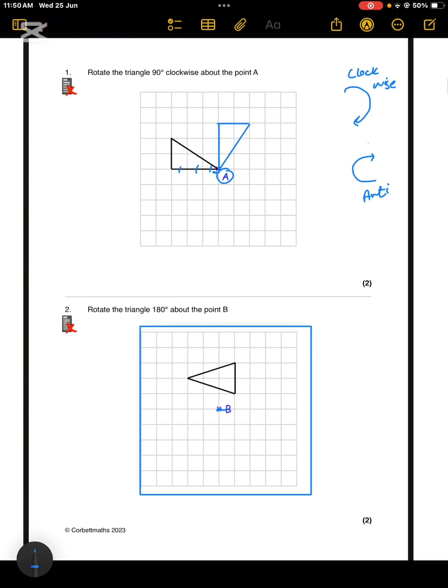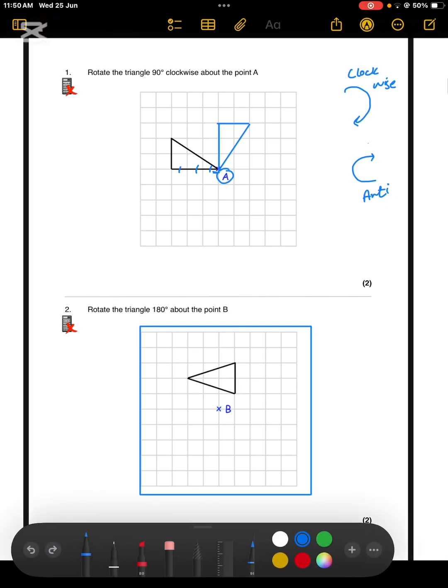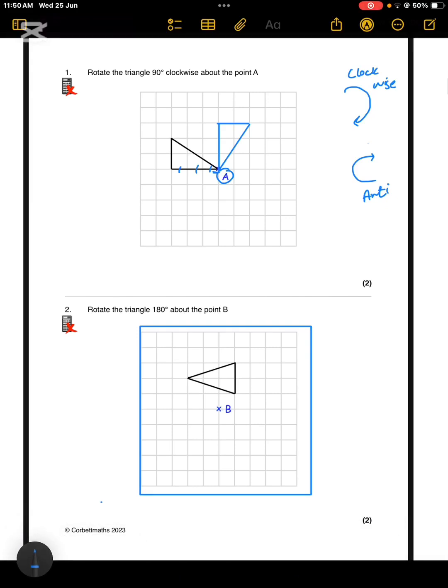For example, they are saying that we have to rotate this. So in simple terms, suppose I have placed a tracing paper on this, then I will trace this shape, and then I have to rotate this object. We don't say clockwise or anti-clockwise direction for 180 degrees, because if you are asked to rotate 180 degrees clockwise or anti-clockwise, it will give you the same position.